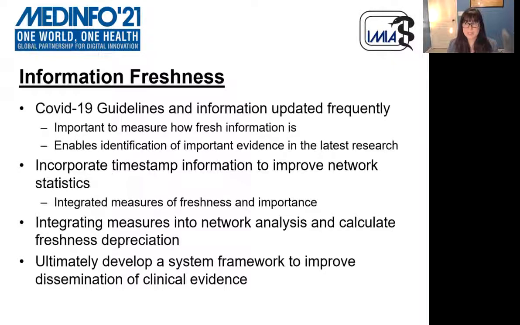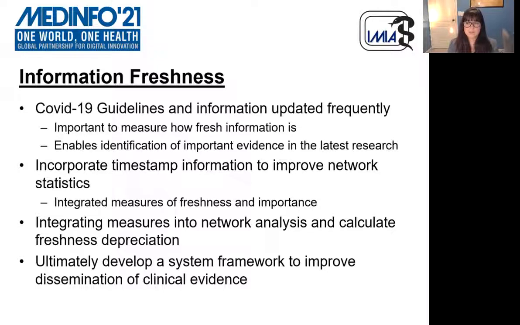In measuring the information freshness, it enables the identification of important evidence in the latest research. By identifying timestamp information from each resource within the network, we can apply a measure for freshness to each node within the network. In doing so, with a measure such as degree of connectivity, we can generate an integrated measure of freshness and importance.